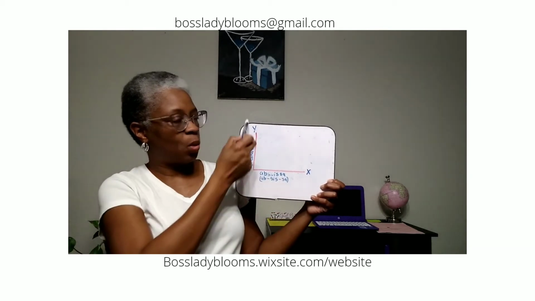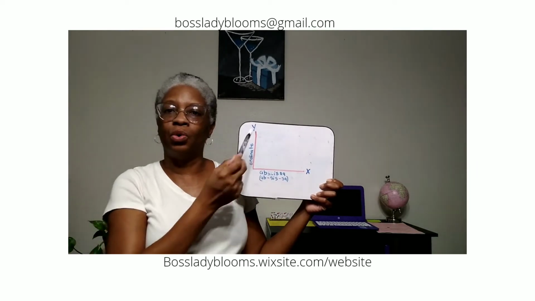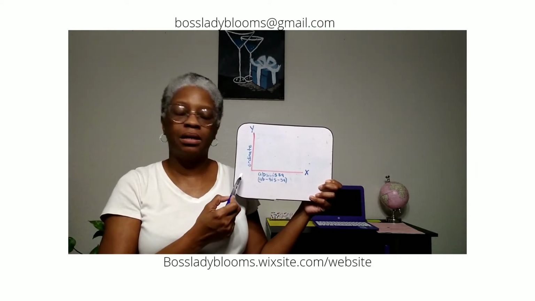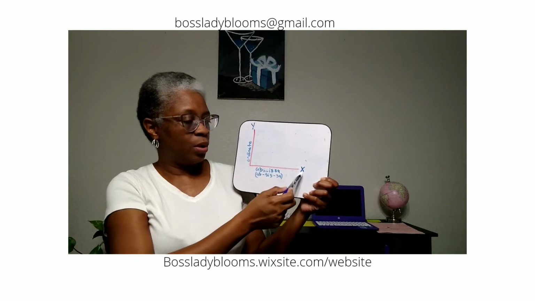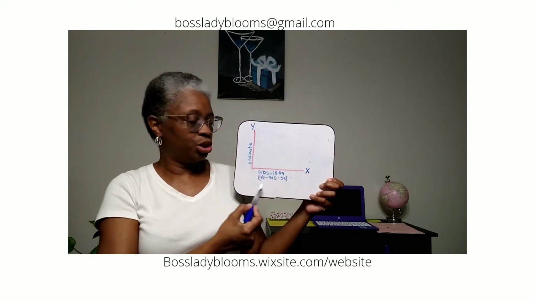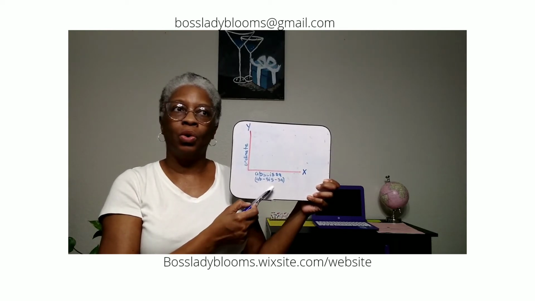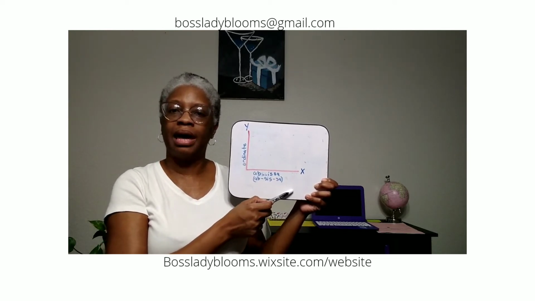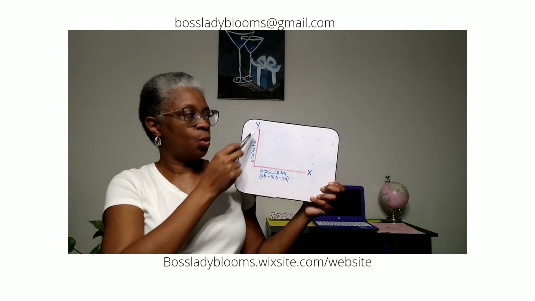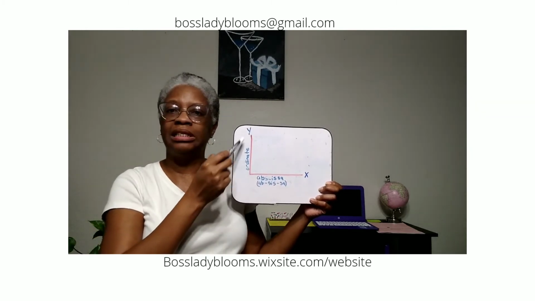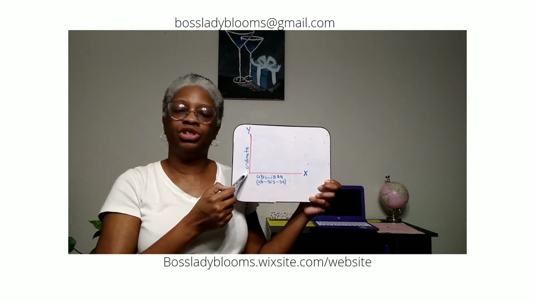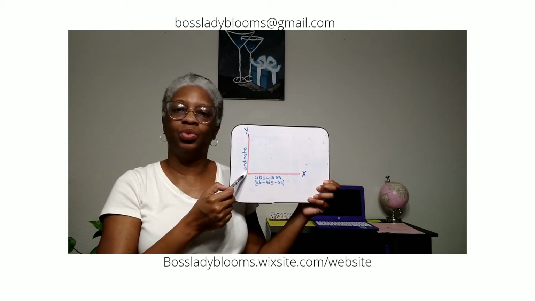And then you have the y-axis, which is called the ordinate. On the x-axis, you'll usually see time or dates or sessions. On the y-axis, you'll usually see the behavior that you're graphing or that you want to know about.